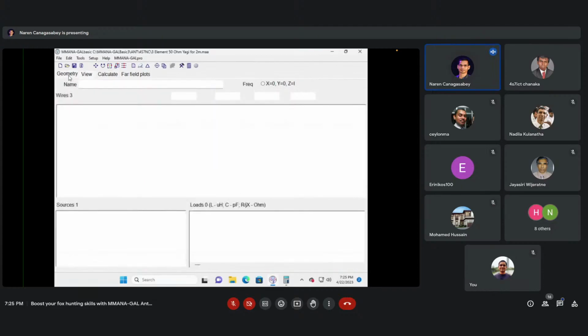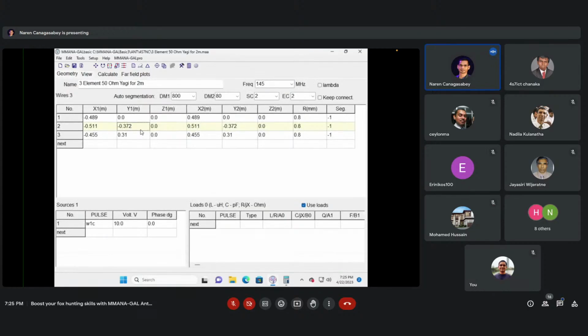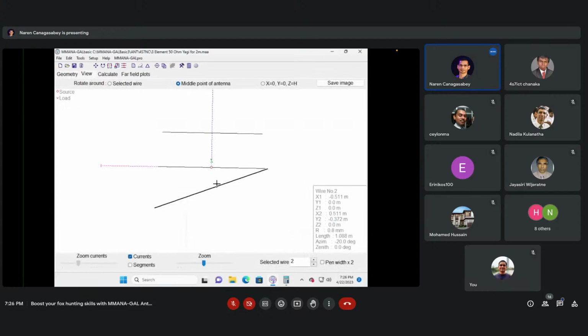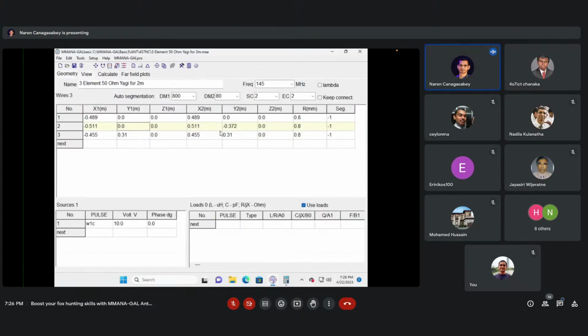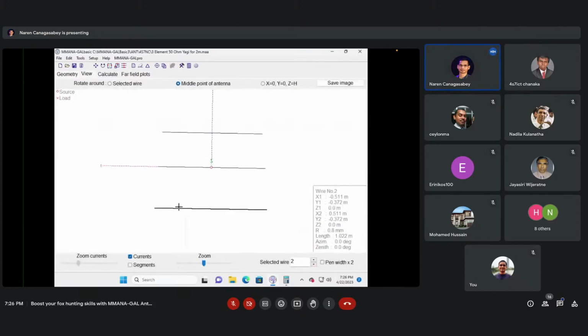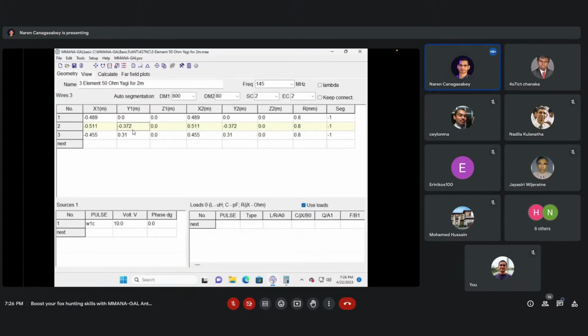So let me just show you. If I make this 0, you can see how this element has changed. I make this minus 0.372, so we go back to the original. Here, let's make it plus 0.5.